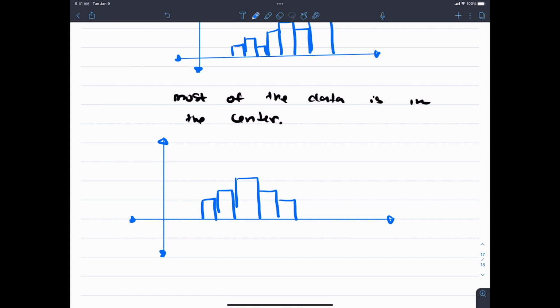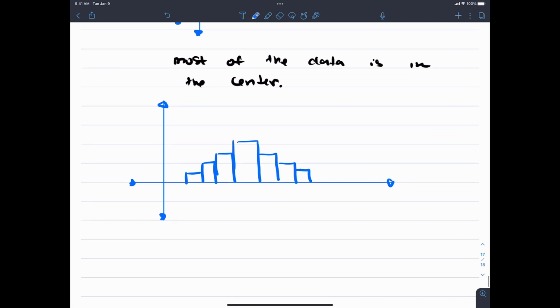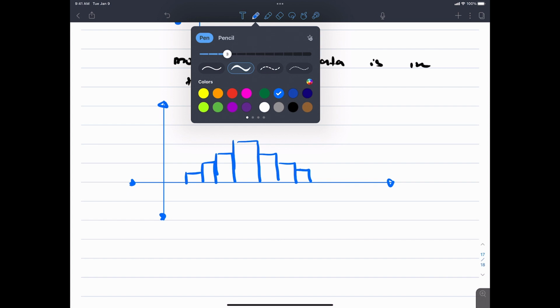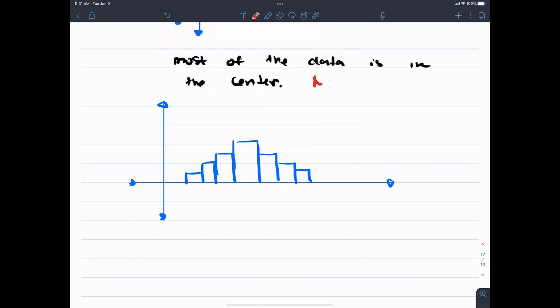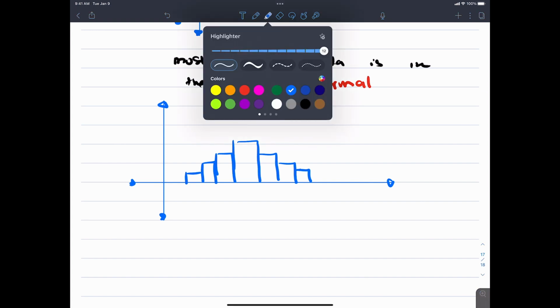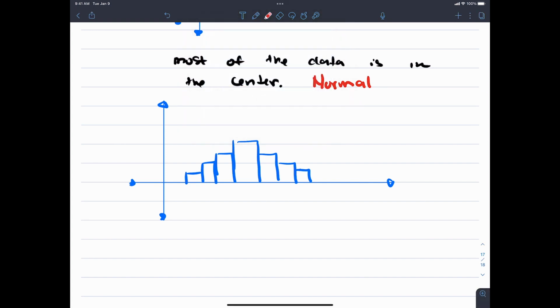And we don't want any gaps. Well, most of the data is in the center. We say the data is normal. That's kind of what we feel is a normal situation.